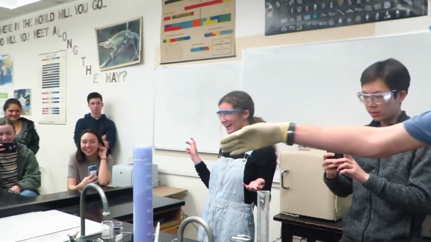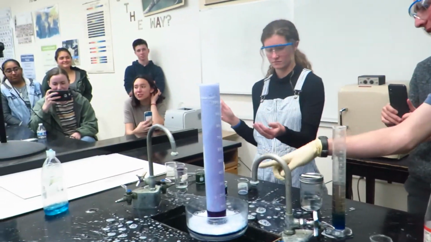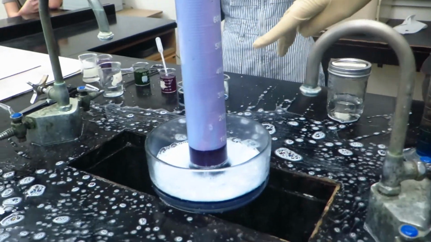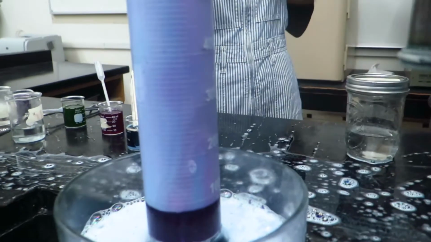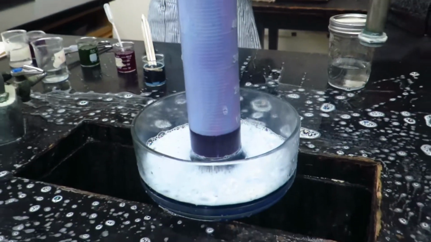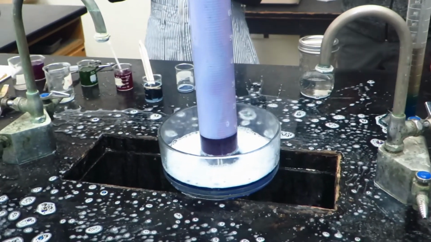Alright, and you can see it's just foam, vinegar and baking soda and cabbage. You can see the foam is changing color over here, and there's some purple and some blue, and that is the neutralization process that is currently going on.